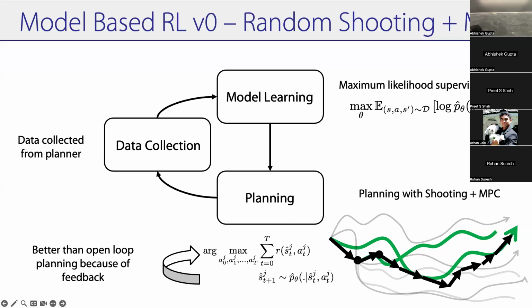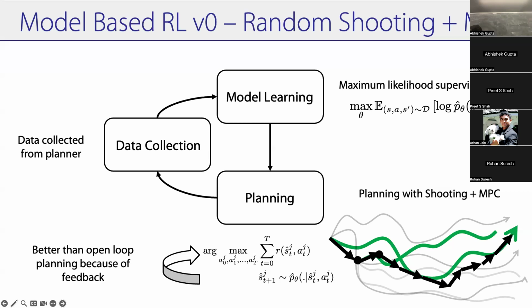You're still going to do data collection, you're still going to do model learning, but when you're doing planning, rather than just sampling random stuff and choosing the best, you're going to run this MPPI procedure, all as an internal step of planning. So instead of just doing random shooting, choose best, you're going to do random shooting, choose best, update your action distribution, try it again, try this like 5 times. Then you get your best action that you execute in the environment, right? And so MPPI all lives inside that planning box.